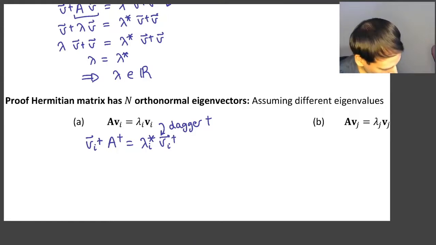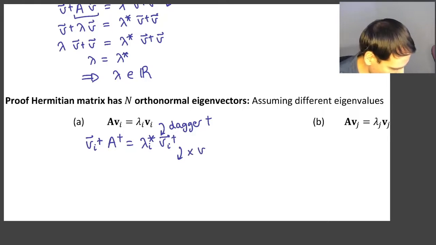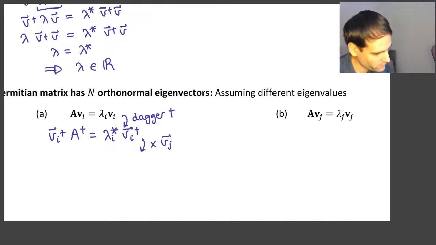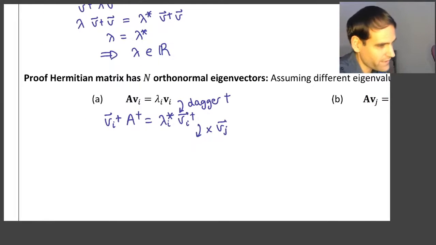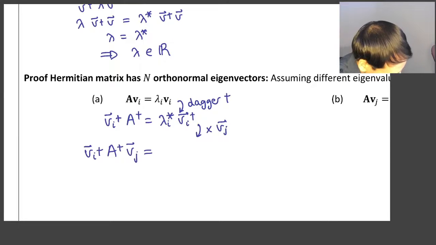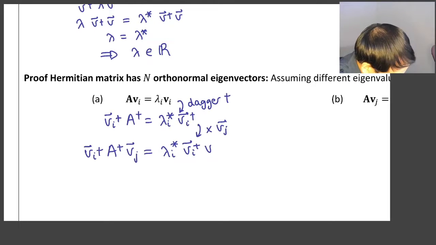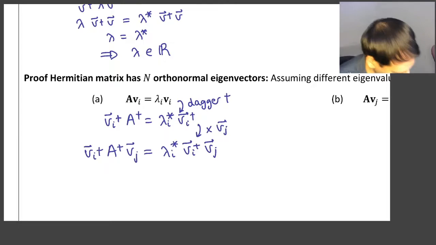Next, we are going to multiply both left and right hand side times Vj, which is the other eigenvector. So by doing this, we find that Vi dagger times A dagger times Vj is equal to lambda i complex conjugate times Vi dagger times Vj. Okay? And this I'm going to call equation 1.